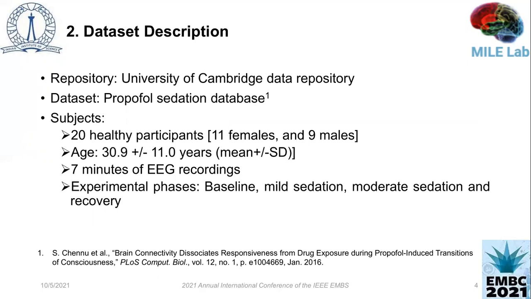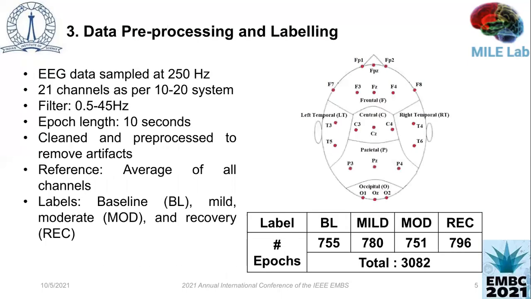For each participant, there are 4 data sets, each with approximately 7-minute duration, recorded at baseline, during mild sedation when the propofol concentration measured in blood plasma was 0.6 microgram per milliliter, moderate sedation where the propofol concentration in blood plasma is 1.2 microgram per milliliter, and finally at recovery.